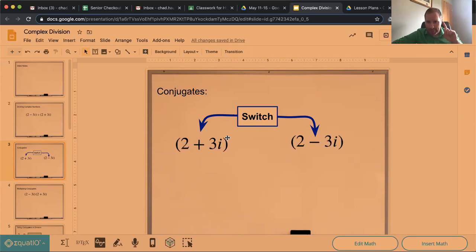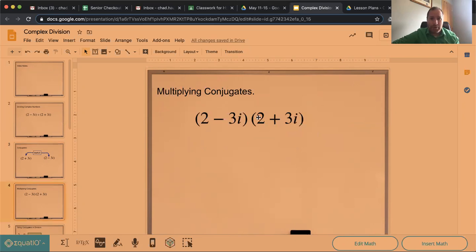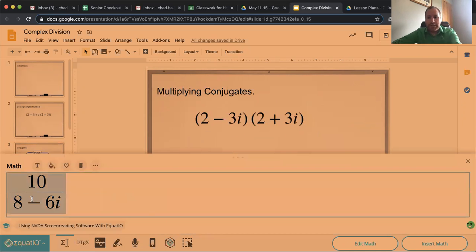And now here's the key thing: conjugates have a very special property that happens when we multiply them. If we multiply conjugates together, and I've got to get rid of this stuff, if we do this multiplying, 2 minus 3i, 2 plus 3i, I'm going to distribute just like you were doing last week, and I'll multiply this 2 through.